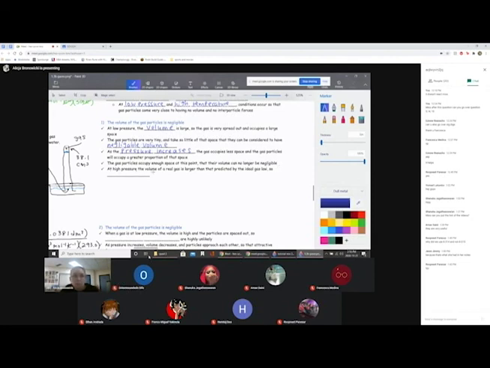So at high pressure, the volume of a real gas is larger than that predicted by the ideal gas law. This is something from your textbook: PV over nRT is greater than 1.